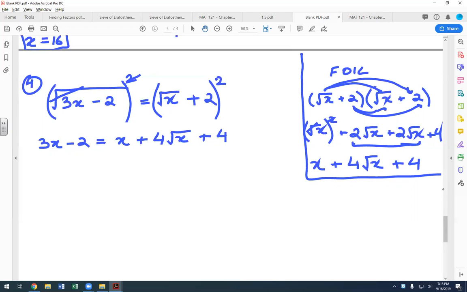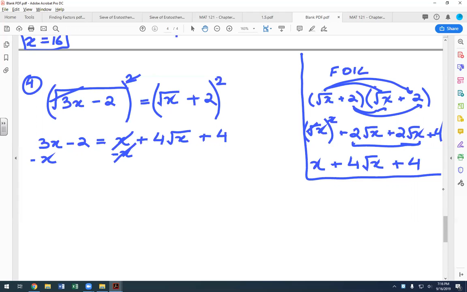When I FOIL it, my first term comes out to be x. The middle terms add up to 4 square root of x, and then, of course, the last term comes out to be plus 4. At this stage, I am trying to get rid of all these extra terms and just leave my radical term. So I'm subtracting my x from the 3x.